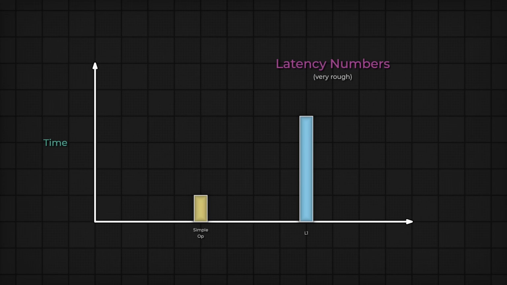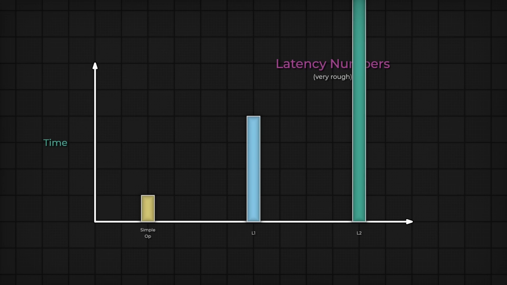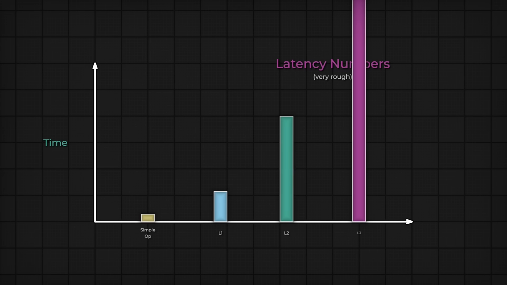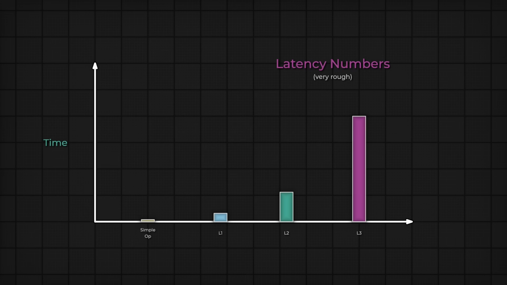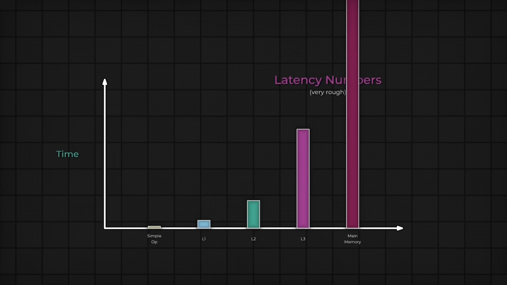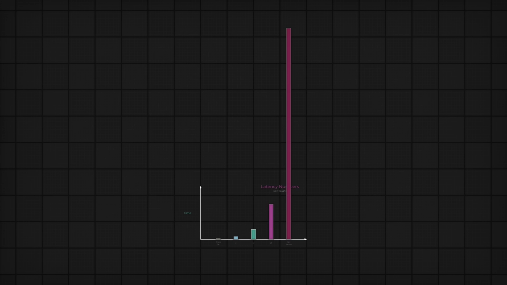But L1 caches are small, so if it's not there, often the CPU's next option is to check L2, which takes a bit longer, but not crazy long. Miss that though, and now you're reaching out to L3, and the cost of doing this is steadily rising. After that, if the data you're looking for isn't in any of the caches, or in other words, this is a cache miss, then you're reaching out to main memory, which takes roughly forever in computer terms. This is why cache misses hurt so much.